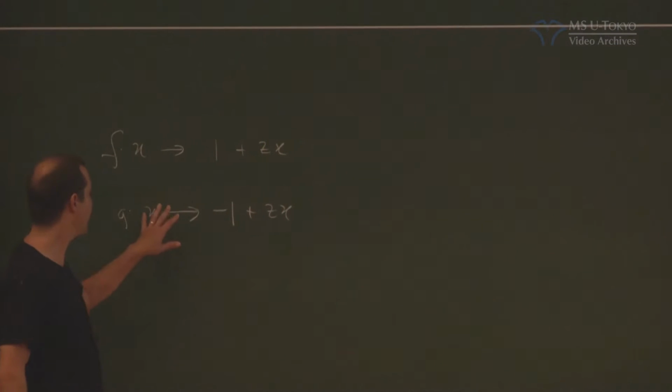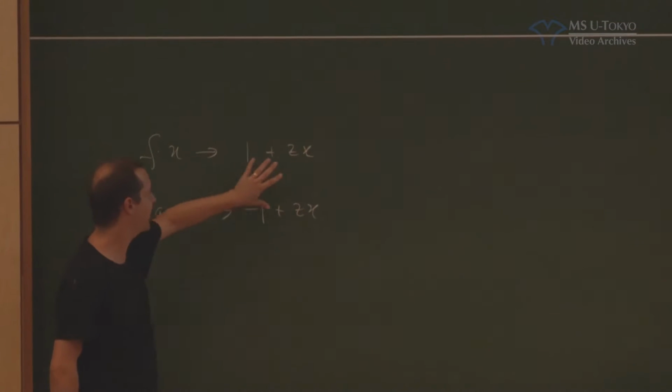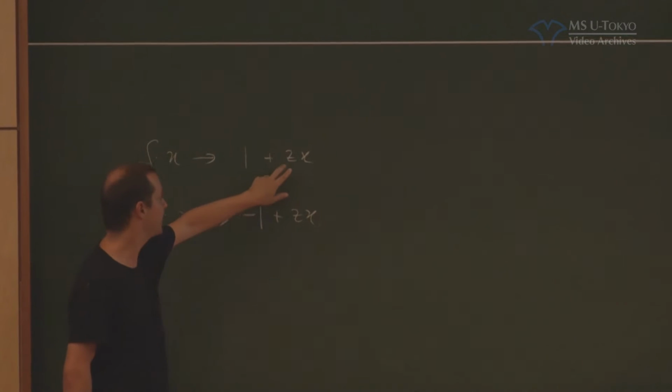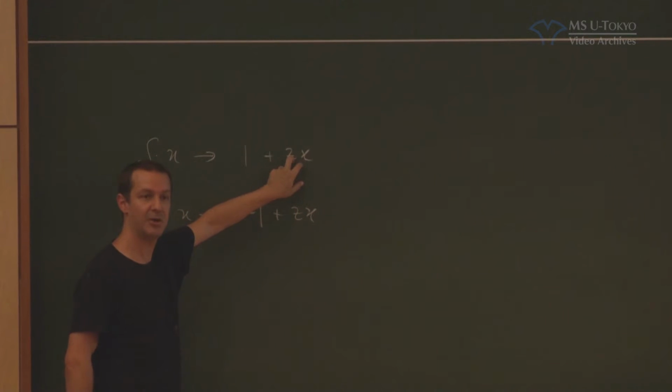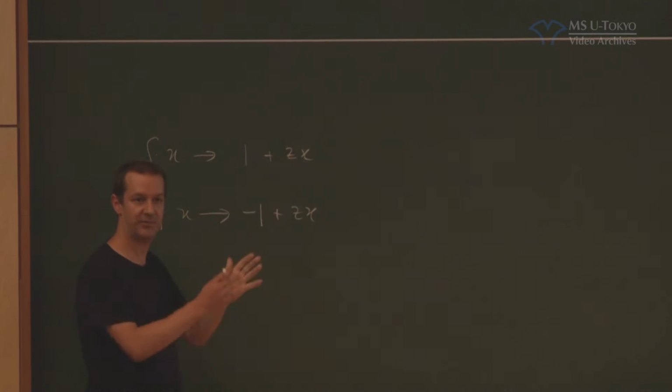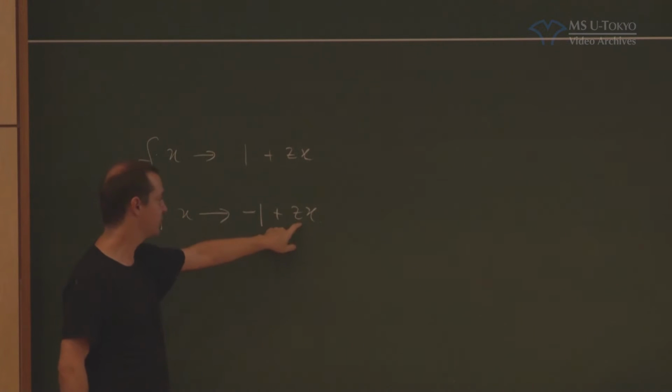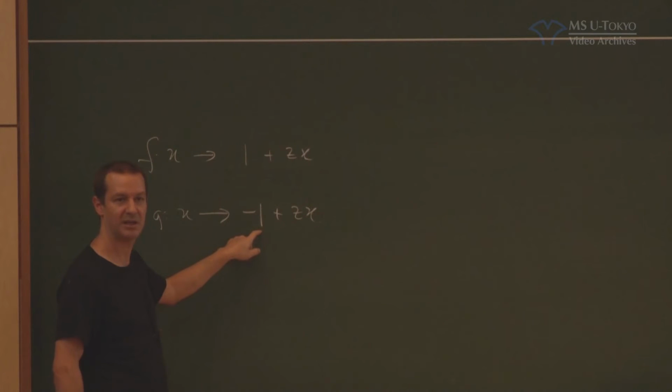You could think of the way these operators are operating now on polynomials in z. What does multiplication by z do to polynomials in z? It's just a shift. It shifts all the coefficients along by 1 and appends a 1 at the front. For g, we shift the coefficients along by 1 and append a minus 1 at the front.